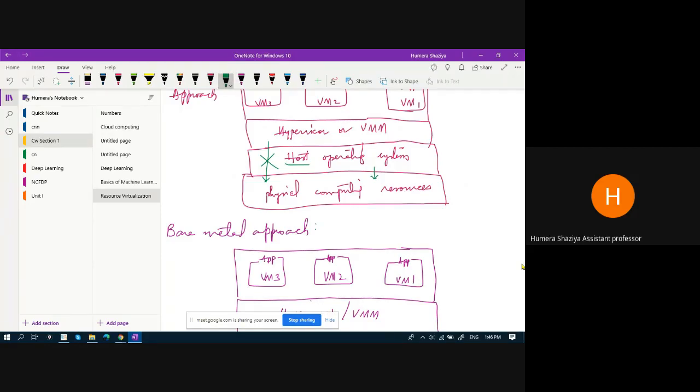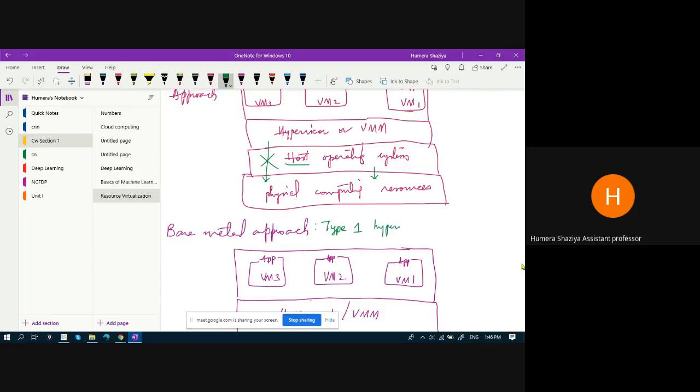Okay, so this hypervisor acts as a low-level virtual machine monitor, and it is also called a Type 1 hypervisor, also known as a native hypervisor.